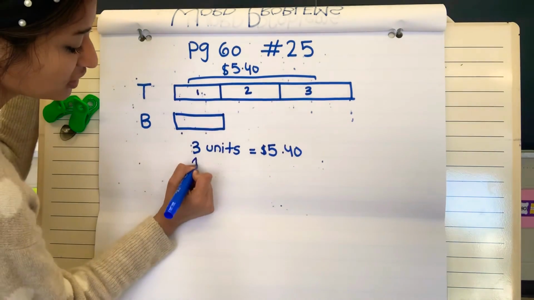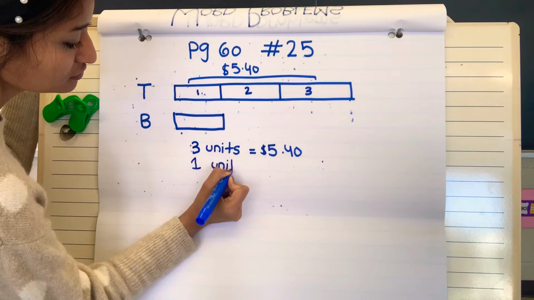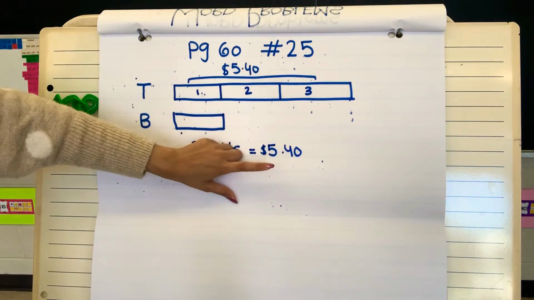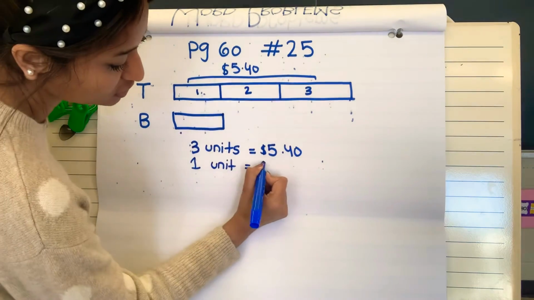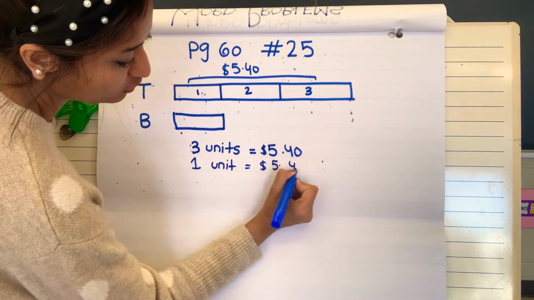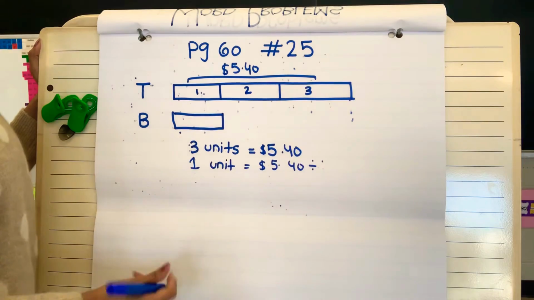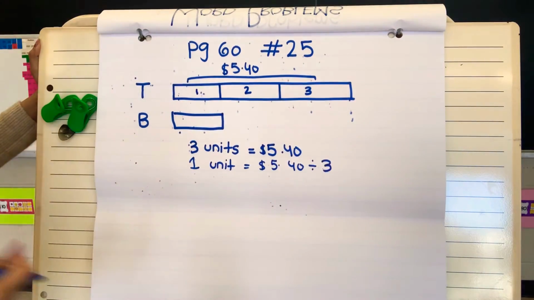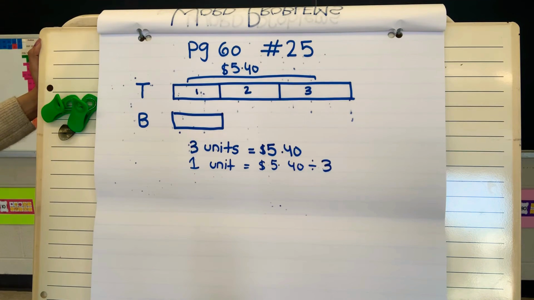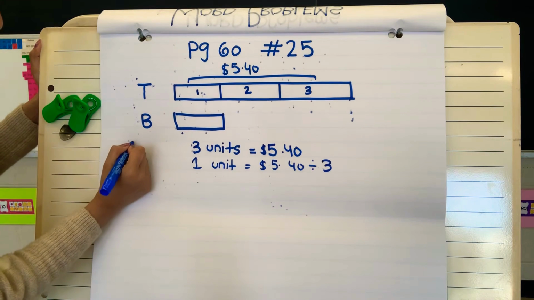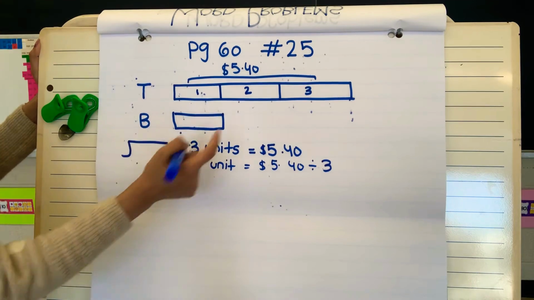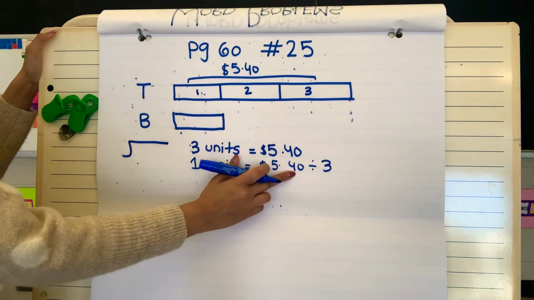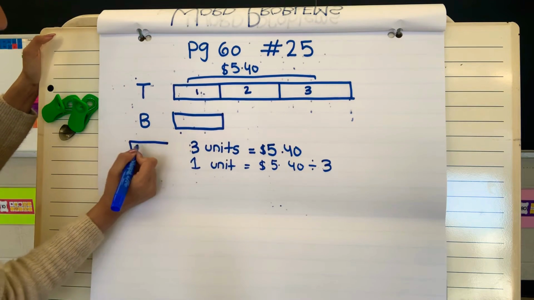So 1 unit equals $5.40 divided by 3. Okay, so what do we get when we divide $5.40 by 3, the number of units?